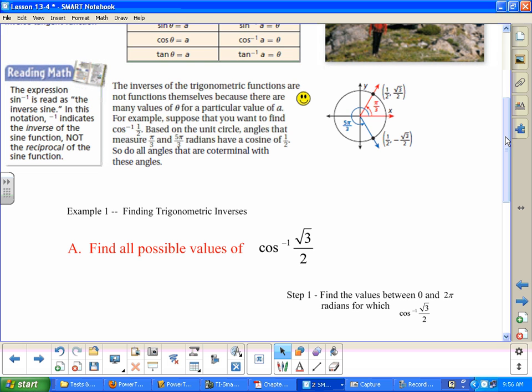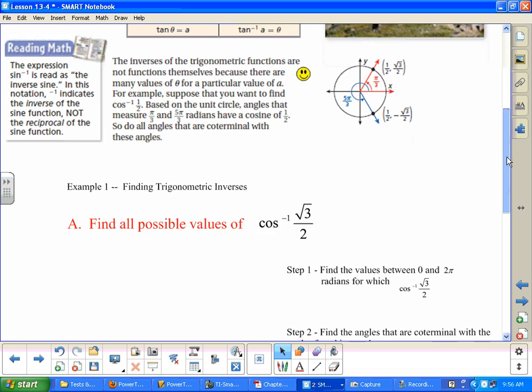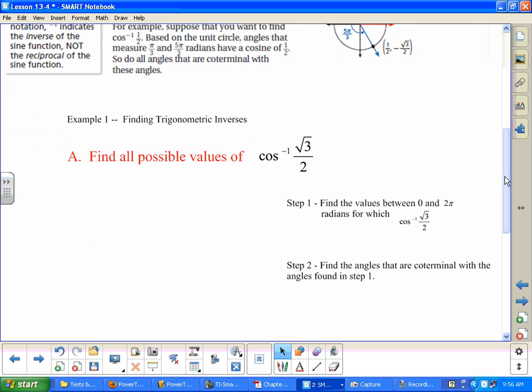So based on the unit circle, angles that measure pi/3 and 5 pi/3 radians have a cosine of 1/2. So do all angles that are coterminal with these angles. So we're going to do inverses. It says finding inverses. Letter A says find all possible values for the inverse cosine of square root of 3/2. Now, it says find all possible values.